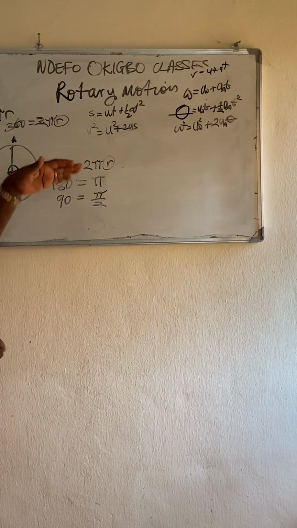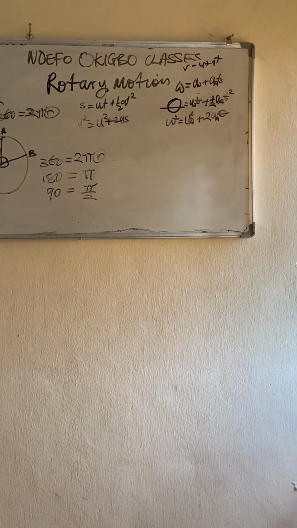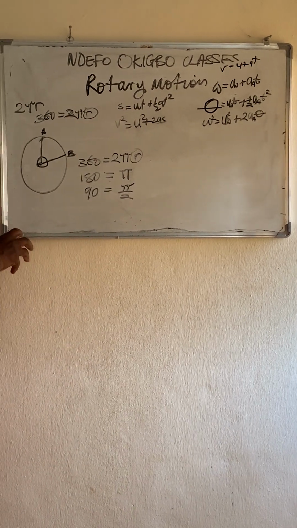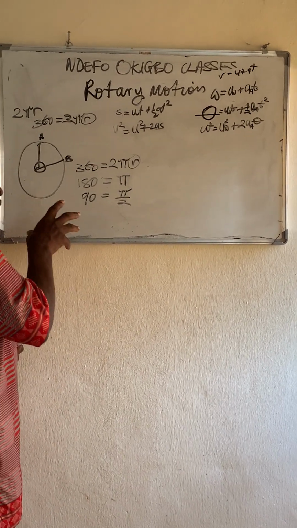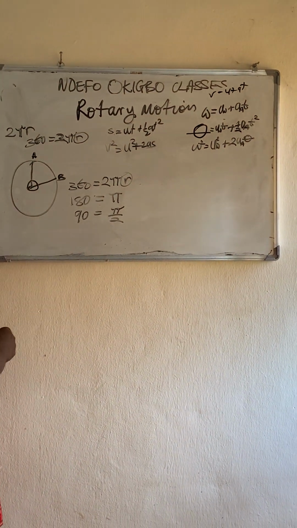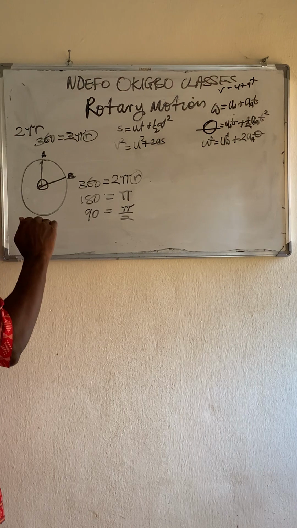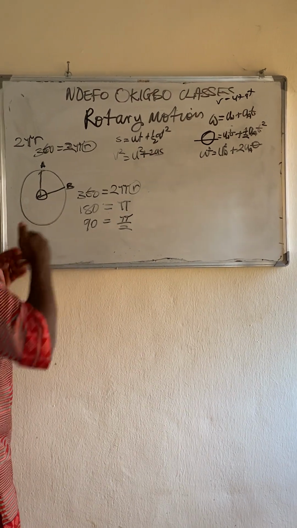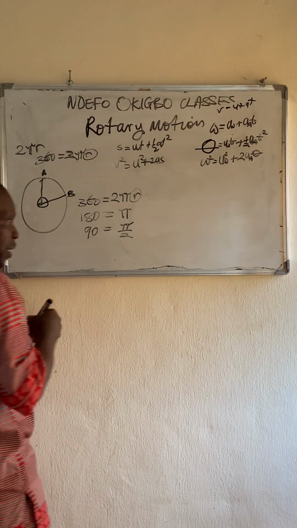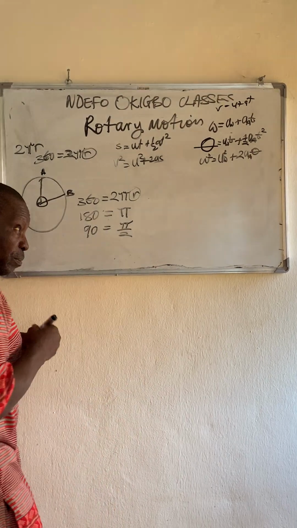And in this rotary movement, the normal velocity, that is the velocity that is tangential, at a particular time is directly proportional to the radius of the circle, which we call the radius of gyration.